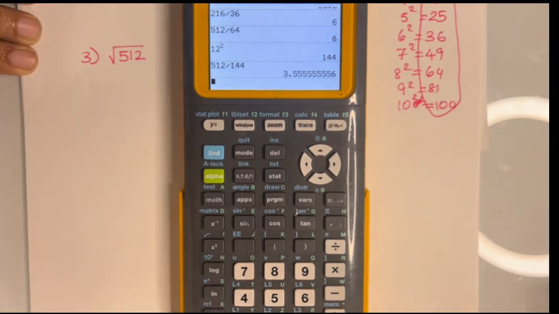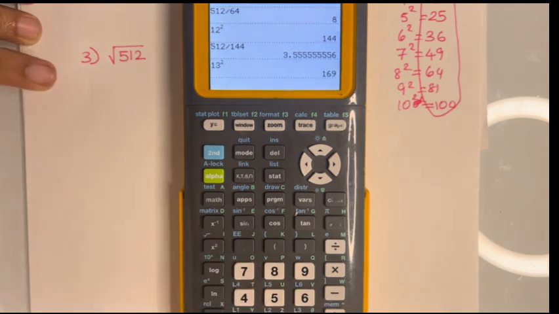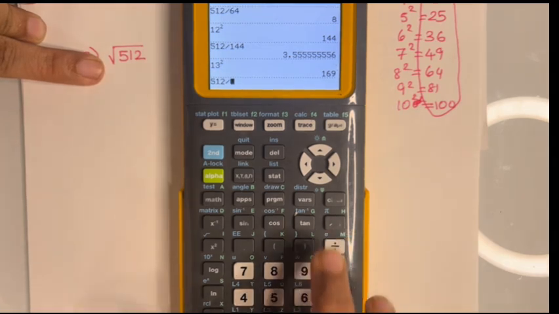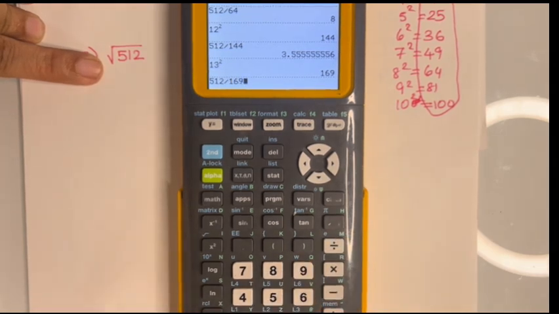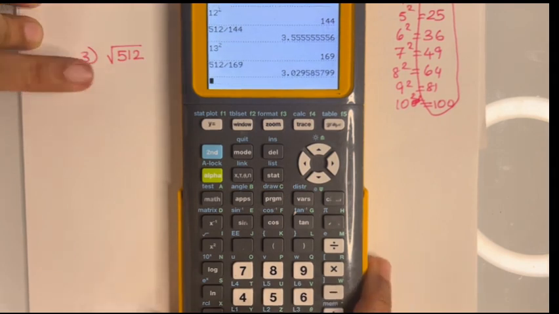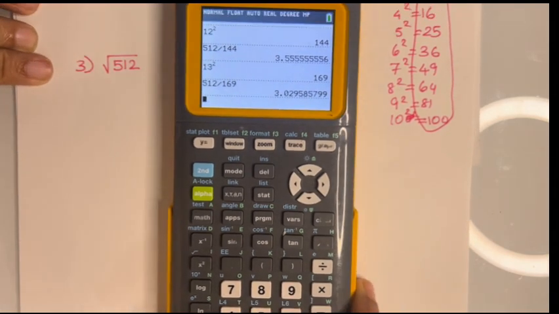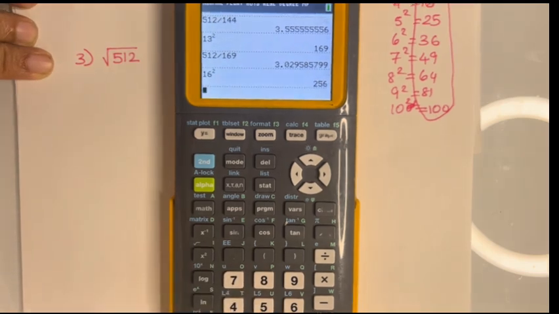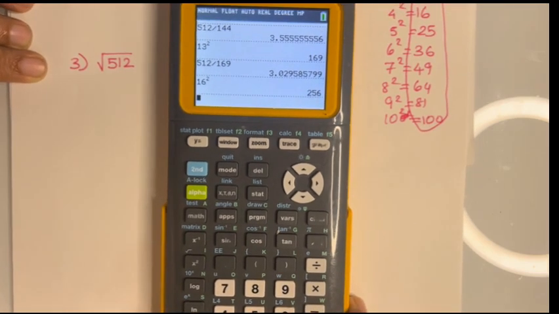No. 13 squared is 169. If you are using the divisibility rules, you already know whether it divides or not. But if not, you can type it in the calculator and see whether you get a decimal. Okay, I'm going to try 16 squared. 16 squared is 256.